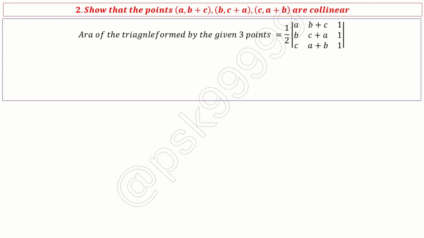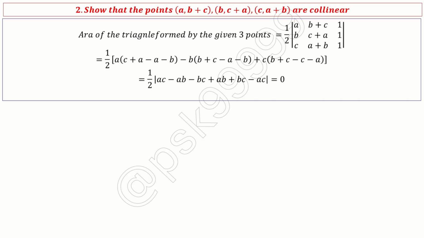So you take the determinant directly. You need not consider half here because you are looking for a 0 answer. If it is non-zero, we'll say it is non-collinear. So you expand it, simplify it, and you will get 0. So these 3 points are collinear.